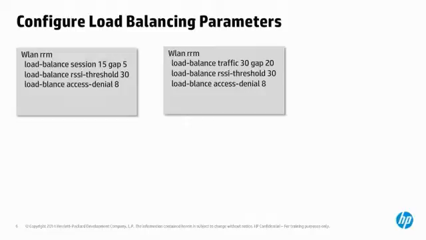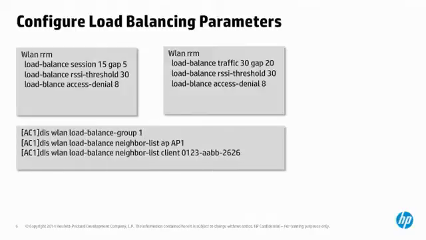APs in the group will begin to use the feature when their traffic load is 40%, and gap in load for other APs in the group is at least 20%. The other values are the same as for session-based load balancing. To see members of a load balancing group, use the command display WLAN load balance group 1.